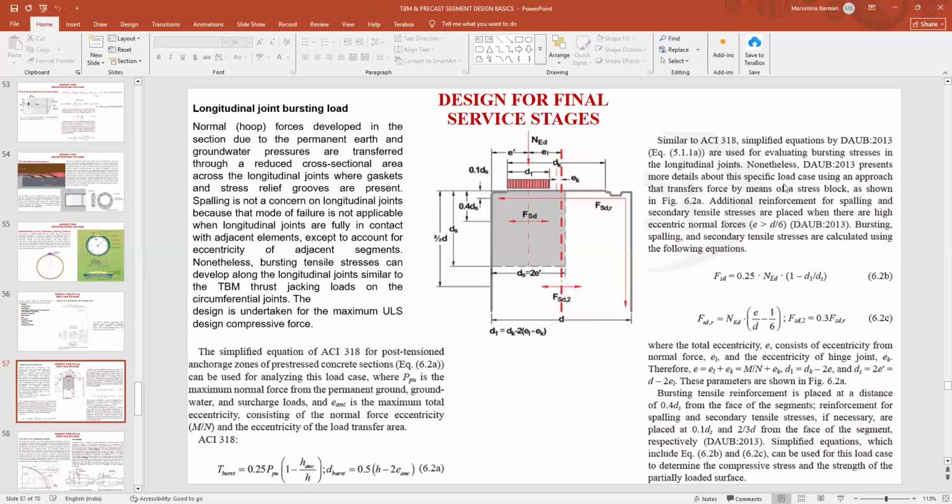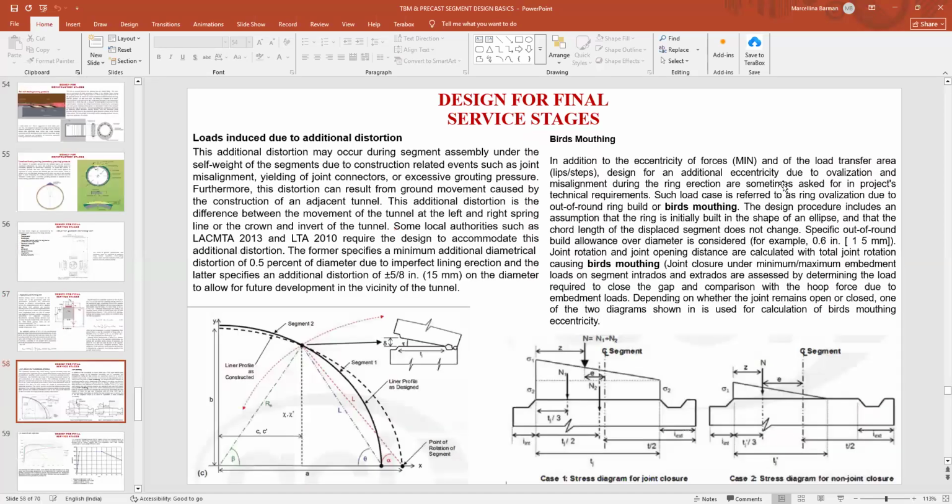In this portion, there is a chance of spalling of the segments, or a chance of high tensile stresses developing when the TBM jack thrust or the jack pads are put here. So this is one of the conditions we are considering in the final service stages. There is the joint busting load.